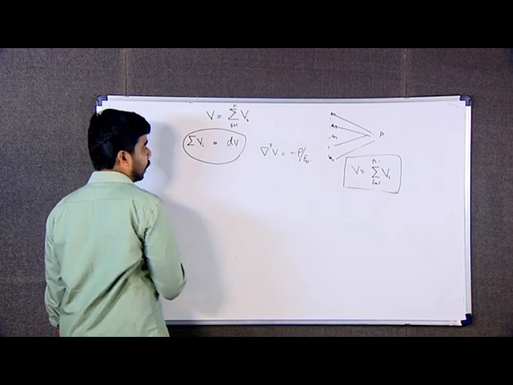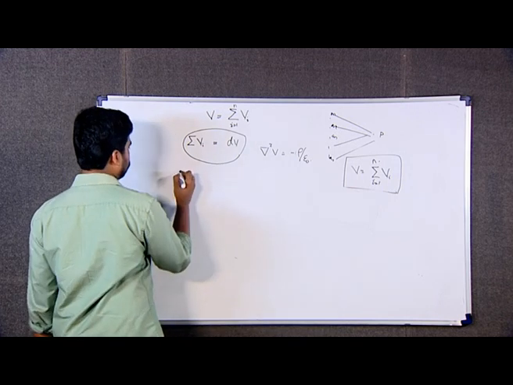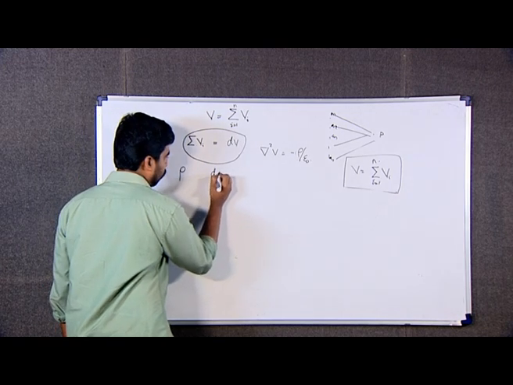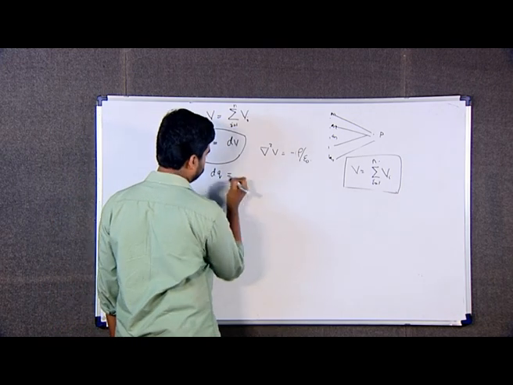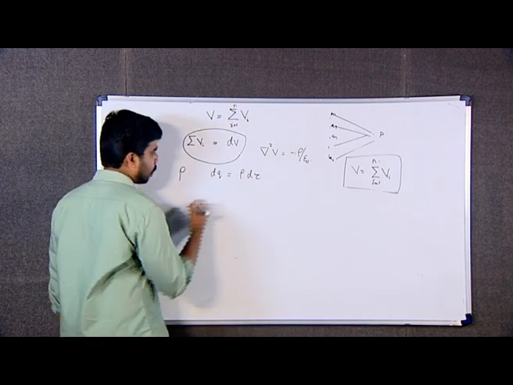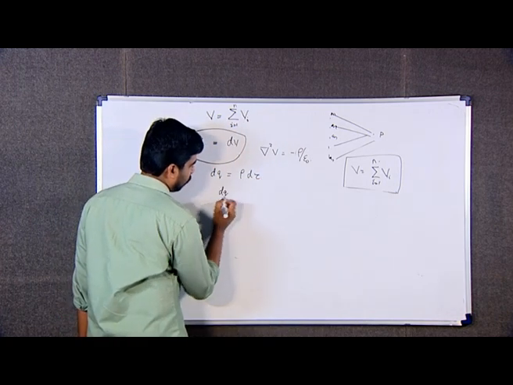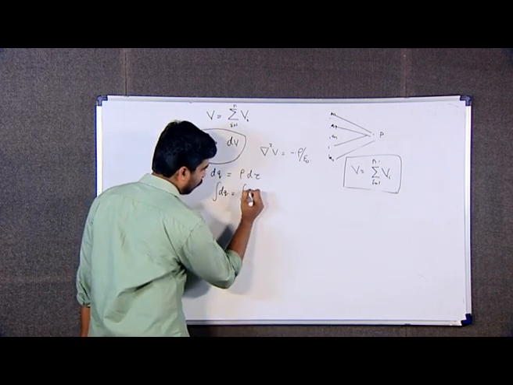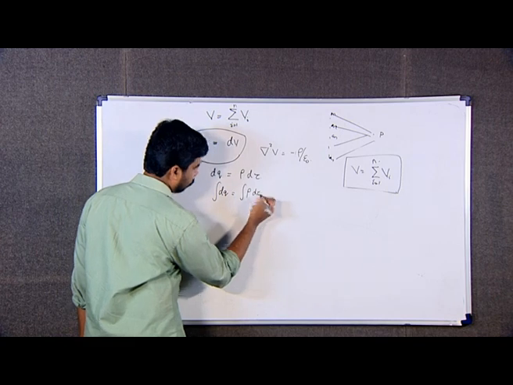So, in the case of a volume charge distribution rho, what is the total charge? The small charge dq is equal to rho dτ. This is by definition. So, integral dq is equal to integral rho dτ.